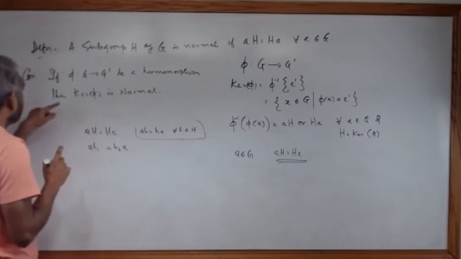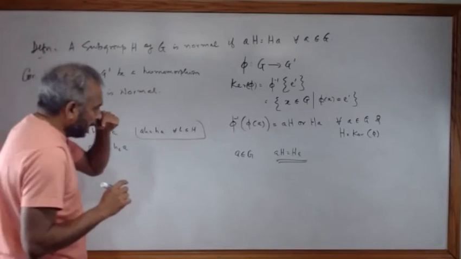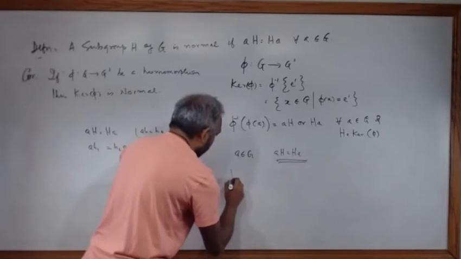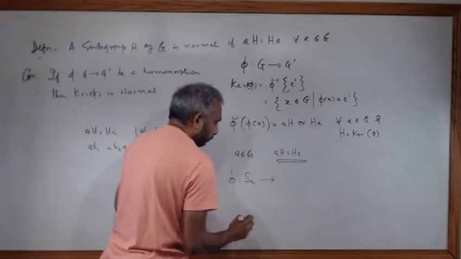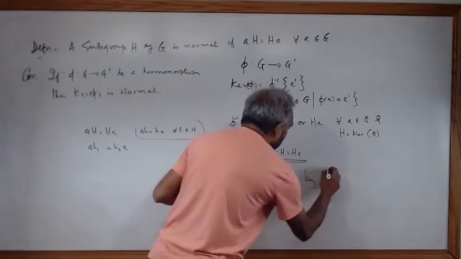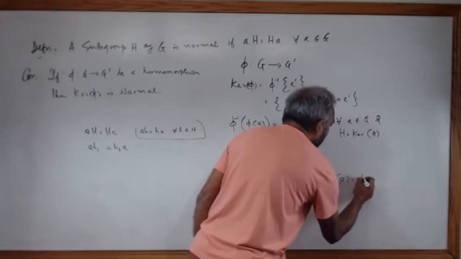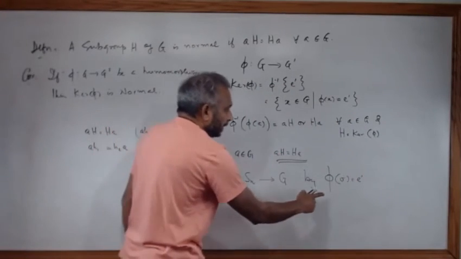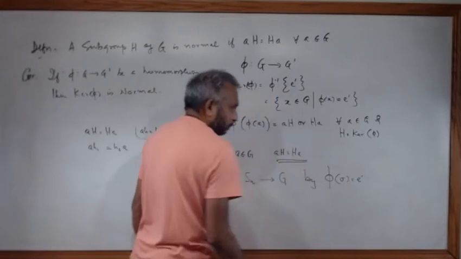For example, we'll see another example here. Let's say we define a map from Sn to any group by phi of sigma is equal to e prime. You know that this is a trivial homomorphism.